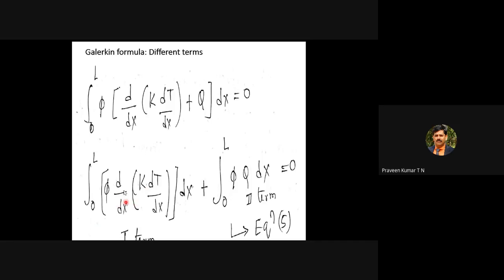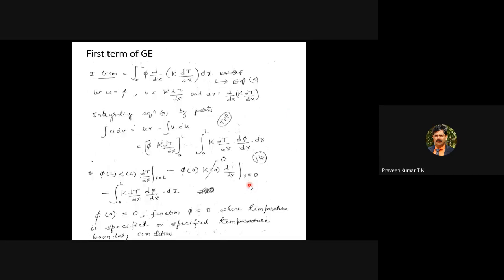And the first term, after differentiation and integration, gives us two equations. One term corresponds to the thermal conductivity vector, and the second term gives RQ, the heat generation vector. Now we are considering the first term by integration by parts, so you are simplifying it further, then applying the limits.